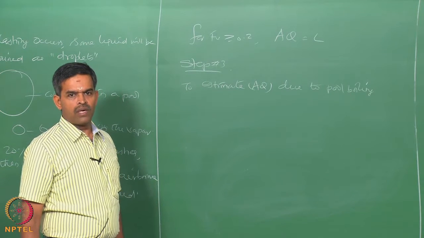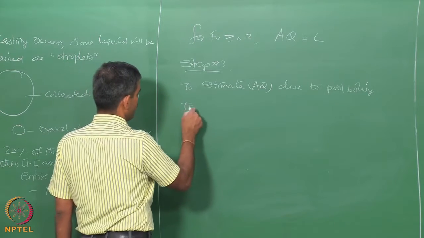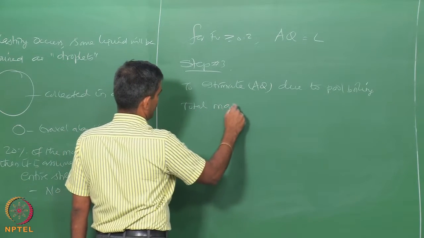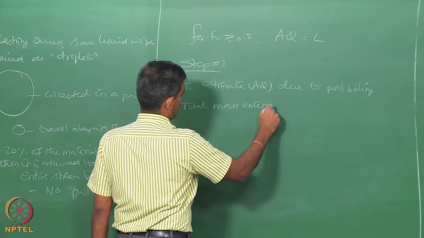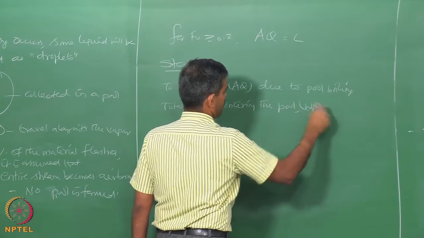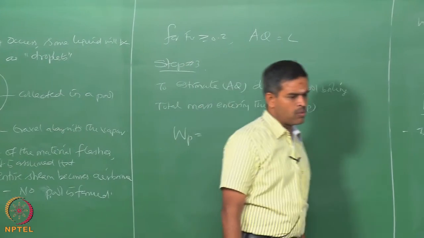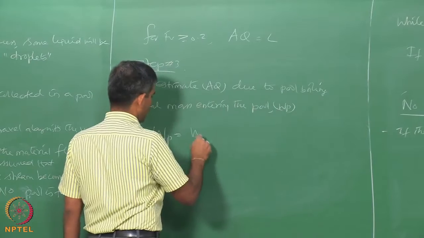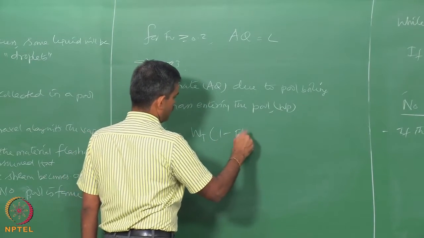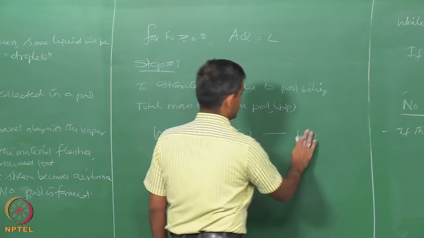So, I would like to work out what is called the total mass entering the pool, Wp, which is given by Wt into (1 minus Fe), equation number 6.